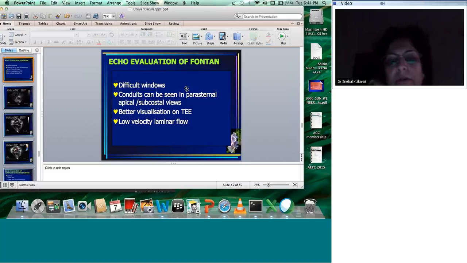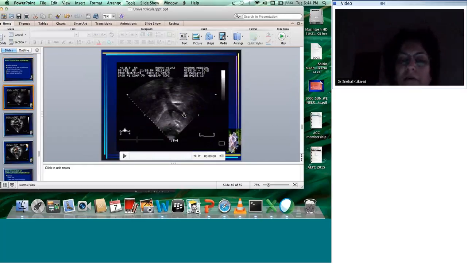A conduit can sometimes be seen in parasternal or apical views, but many times we may have to do a TEE, or even an MRI if you have to see the ventricles and the whole pathway. And you know, they are low velocity laminar flows. So this is a kind of IVC draining.